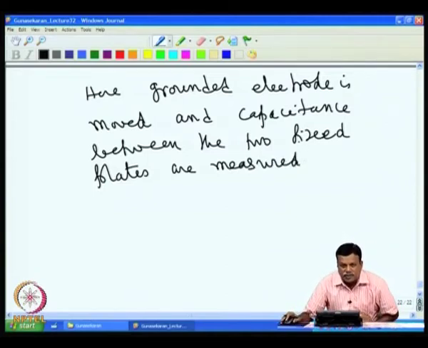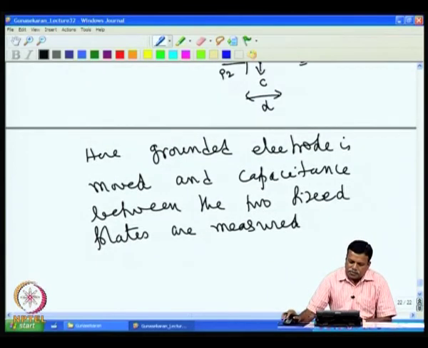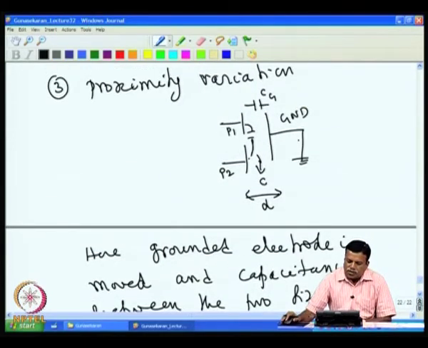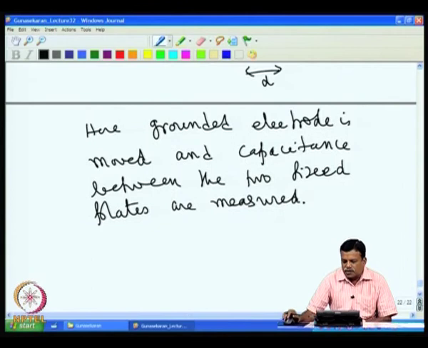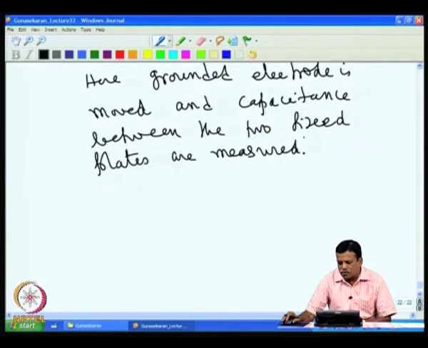Because of the proximity effect this happens, and this technique also can be used to measure displacement. So, essentially we can measure the displacement either by the area variation method, the space variation method, or using the proximity effect. Now, we will see in each of these how it can be used for a different purpose.